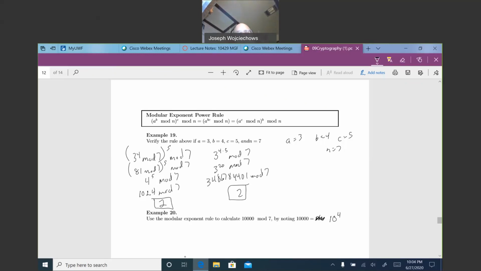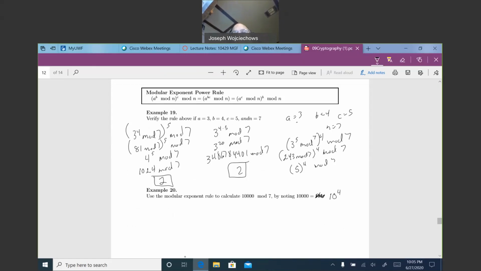And the last one, we have 3 to the 5th mod 7, to the 4th, mod 7. So this is 243 mod 7, to the 4th, mod 7. This is 5 to the 4th mod 7. This is 625 mod 7, which also comes out to be 2.